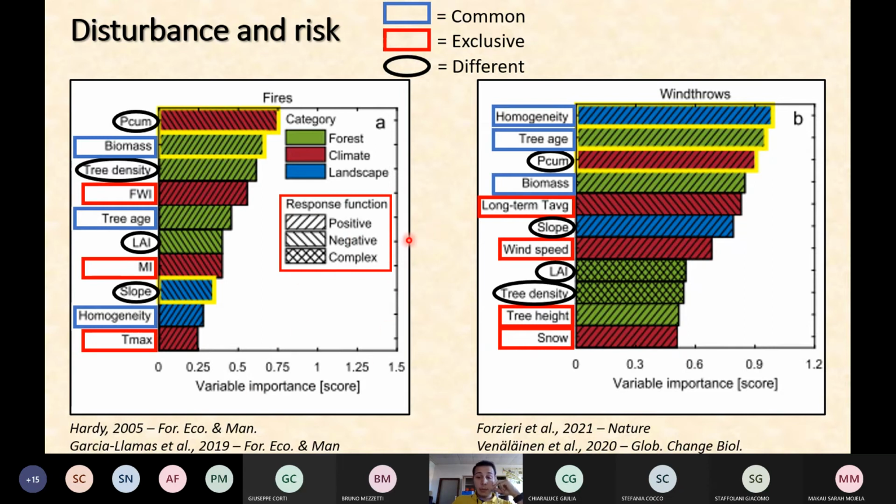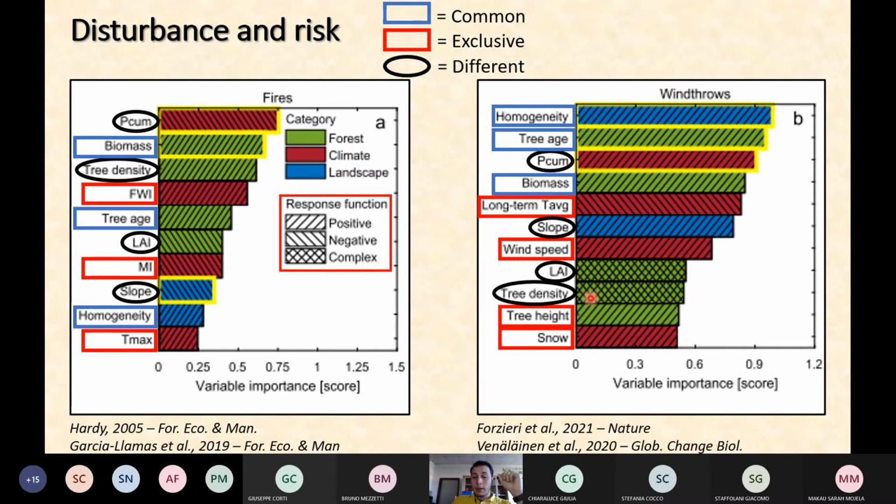For example, in forest fires, the biomass of the forest, the tree density, and the fire weather index, that can be defined as the growth conditions of the stand, can increase the risk of fire, while the precipitation can reduce it.